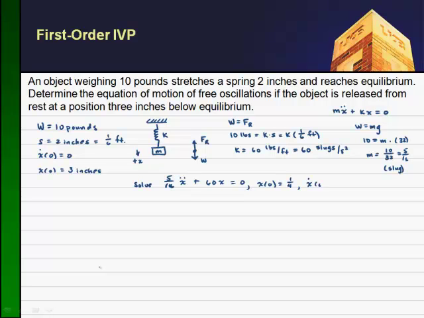Since it's released from rest, x dot of 0 equals 0. And this would be a basic math problem.